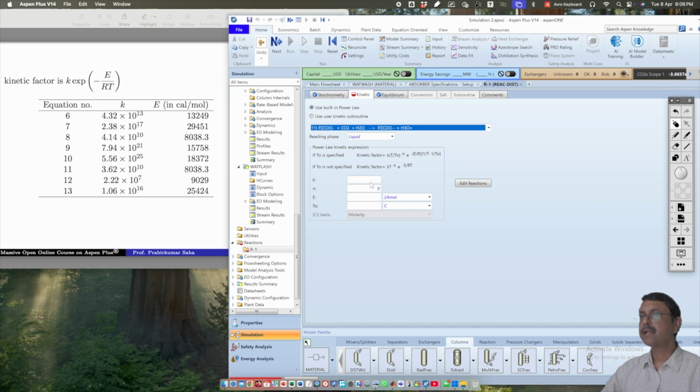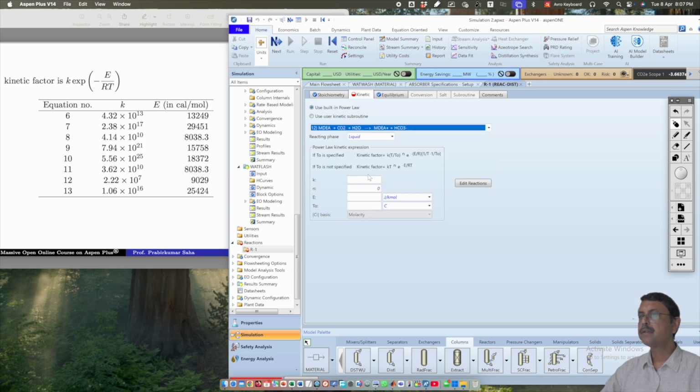The 11th reaction 3.62 E10, 8038.3 calorie per mole.